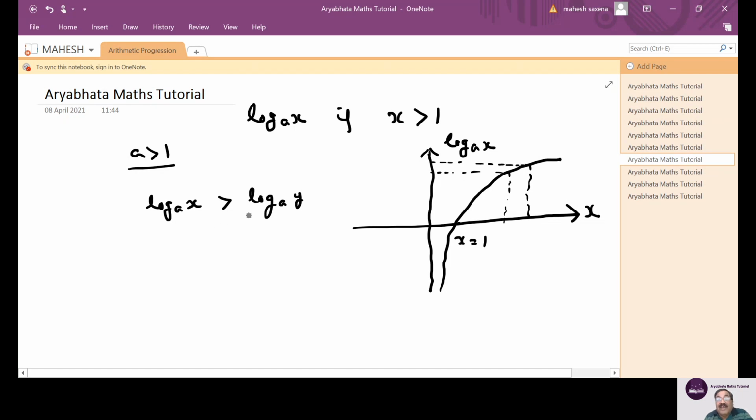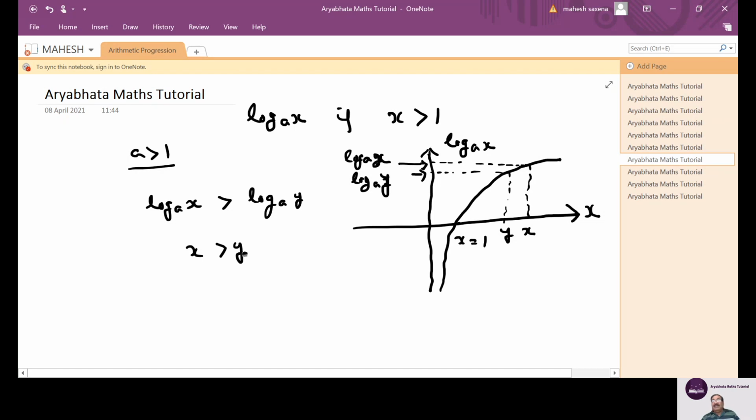Since log base a of x is greater than log base a of y, therefore this point will be log base a of y, and this will be log base a of x. Sorry, this will be log base a of x and this will be log base a of y, because log base a of x is greater than log base a of y. Therefore, this point will be y and this point will be x.